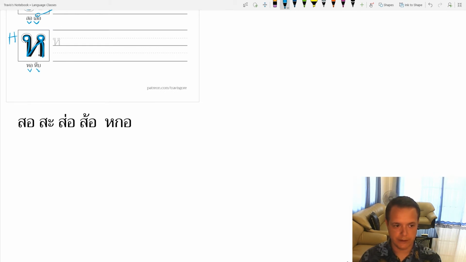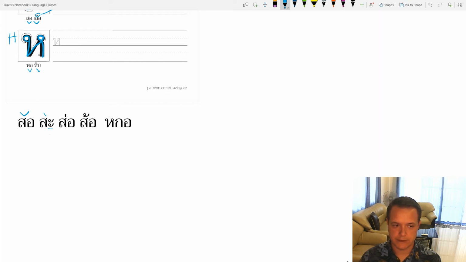As we went through in the middle consonants video, I had this little line of different examples of drills, so to speak, to see how the tones are different in each letter. So high class consonants, when they have a long vowel and they don't have any consonant mark, they will always be rising. Saw, so they are inherently rising in and of themselves. Now, if you have a short vowel, then they become a low tone.